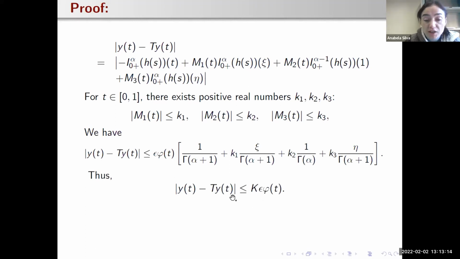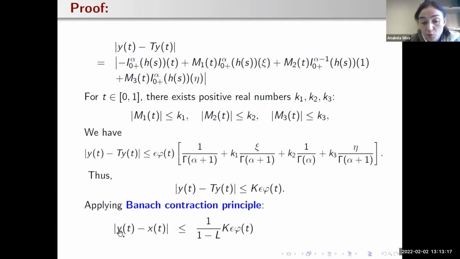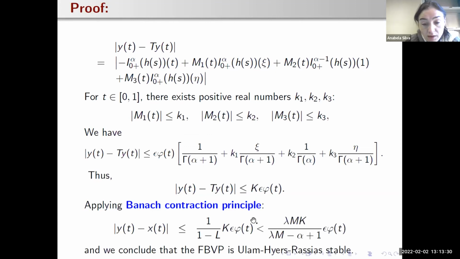We use the Banach contraction principle, which says that the distance between y and x, the exact solution, is less or equal than 1 over 1 minus L, where L is the Lipschitz constant, times k times epsilon times phi. And so, since this L is defined using the L that we have obtained before, we obtain that this is less than this, and we conclude that the fractional boundary value problem is Ulam-Hyers-Rassias stable.